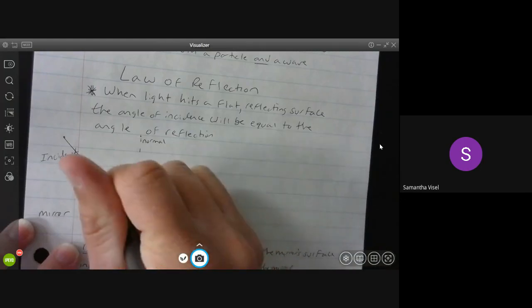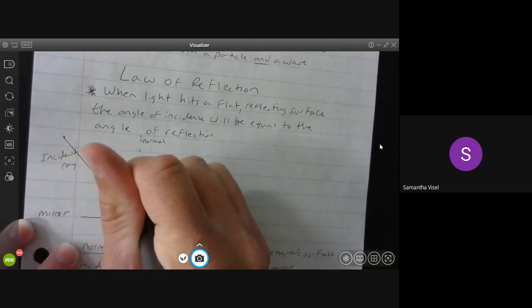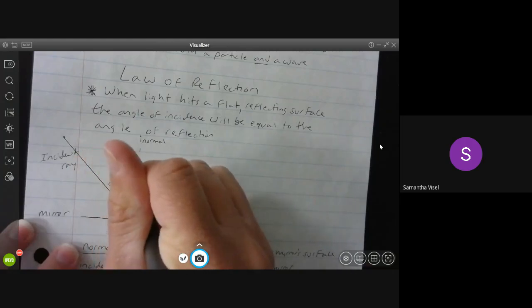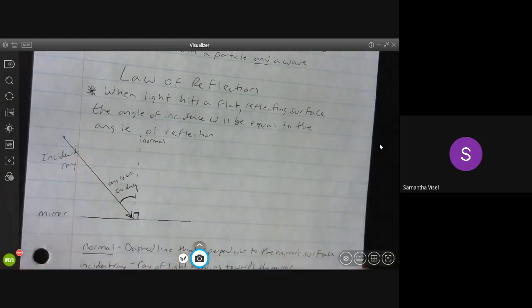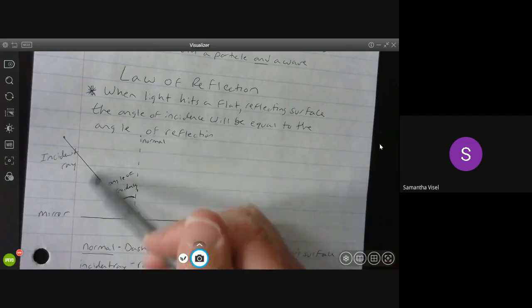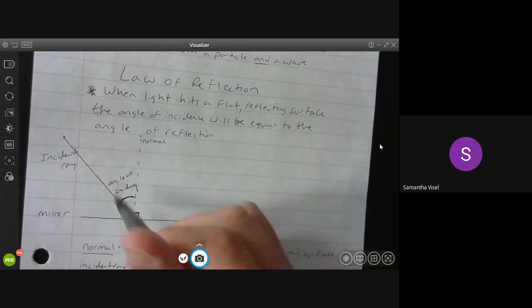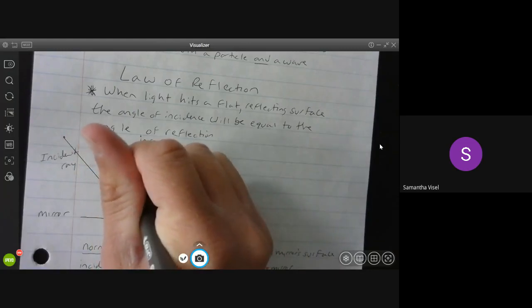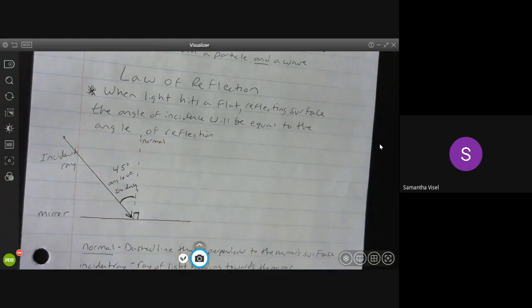So this angle here is the angle of incidence. Since we're doing 45 degrees, halfway from 0 to 90, in this particular drawing my angle of incidence is 45 degrees.